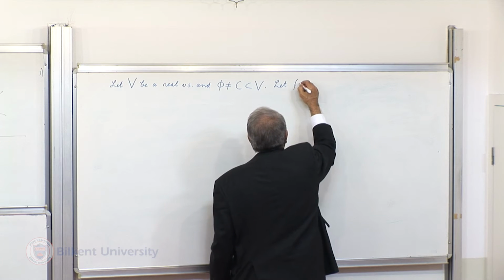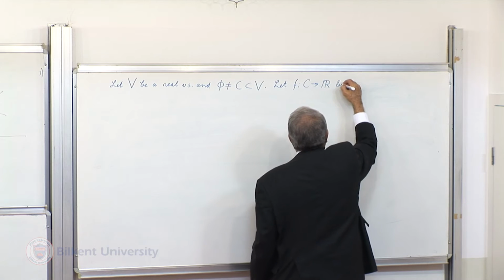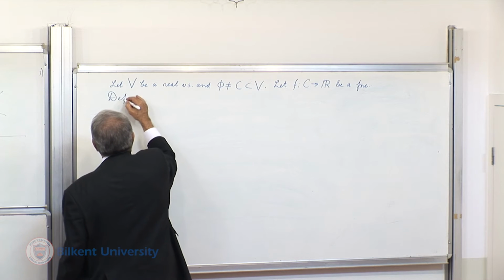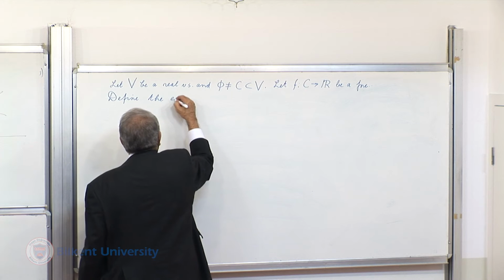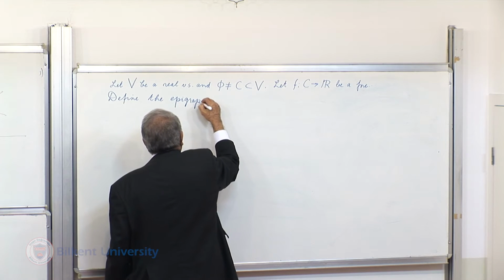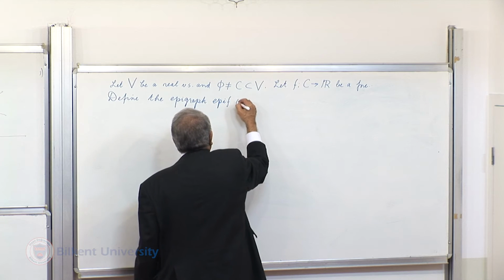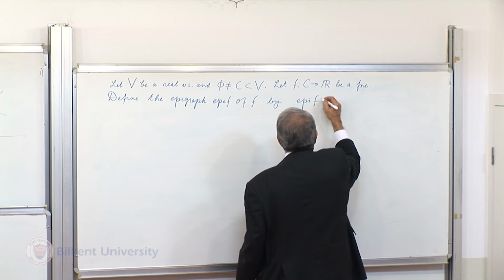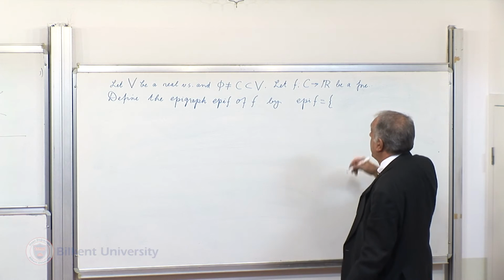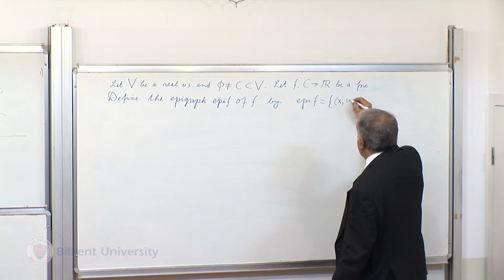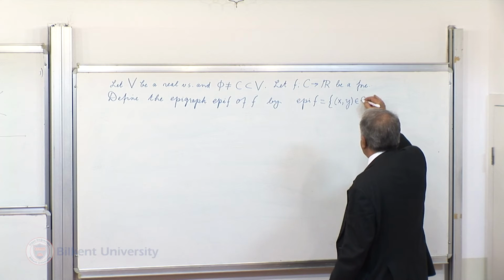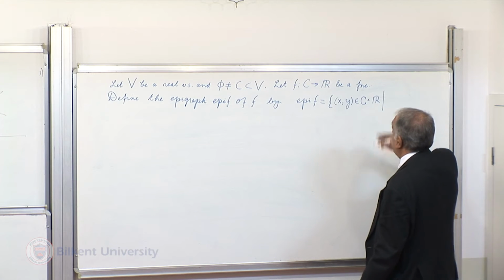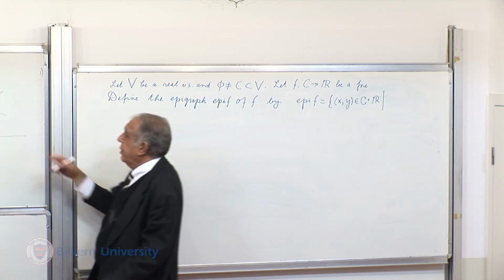Let f on C to R be a function. We define the epigraph and denote that f of f by, now this will consist of points x, y, where x is in C, in the domain of the function, and y is in R. Now, the epigraph is this.